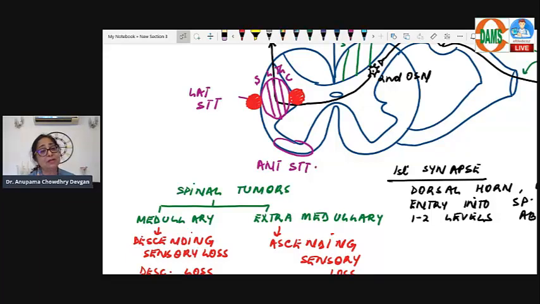Abhishek, why the opposite arrangement? Because the tracts are completely different from each other. Posterior column forms the tract, but the crossing is at the level of the medulla. Spinothalamic tracts cross and then they form the tract. So there's a basic difference here.